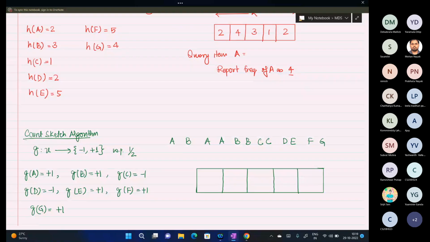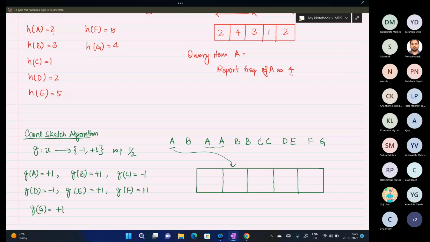Again, G of A is +1 and it maps to the second bin, right? H of A is 2. So all these A's will map to the second bin, and the value will be +1 times their frequency.